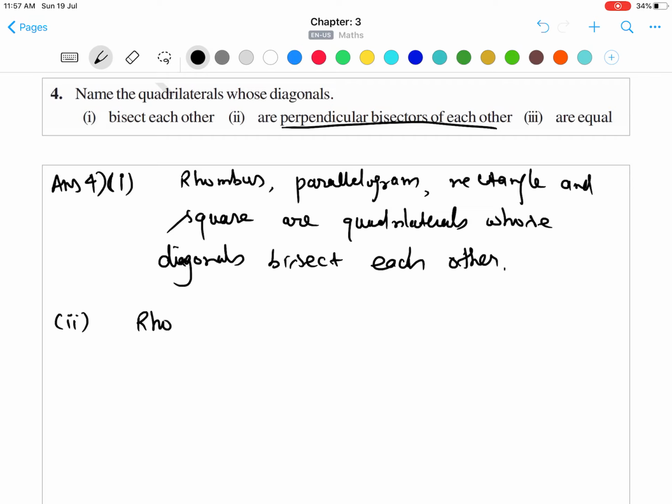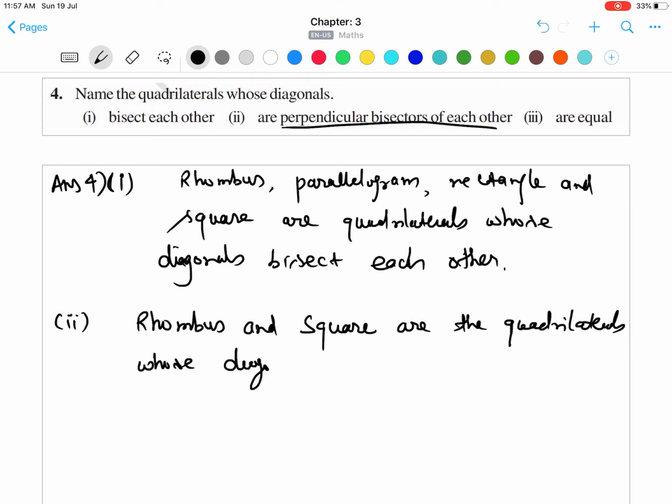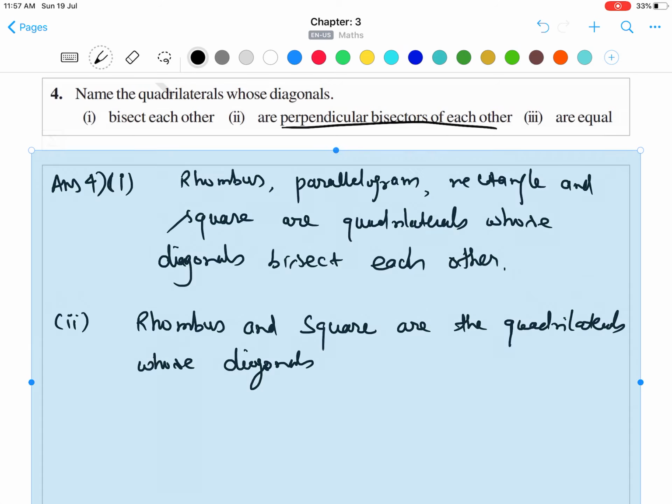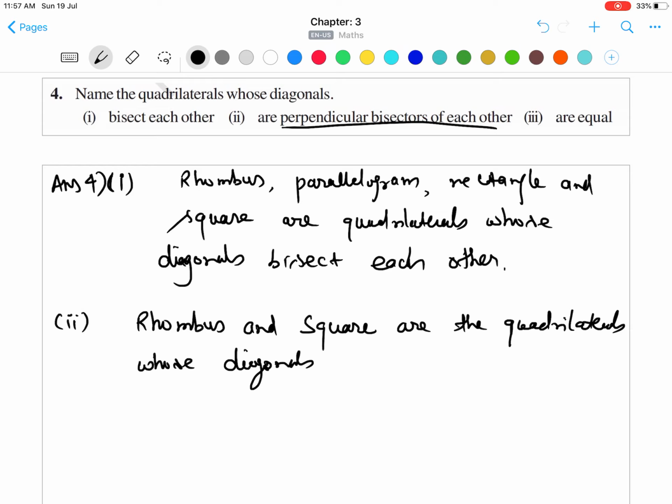So we'll write rhombus and square are the quadrilaterals whose diagonals are perpendicular bisector of each other.